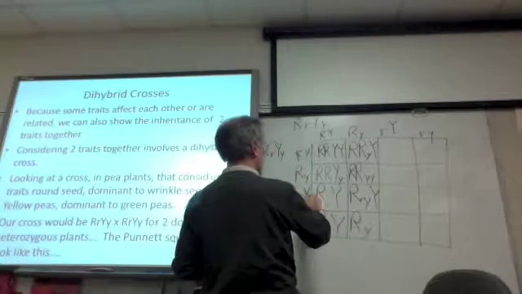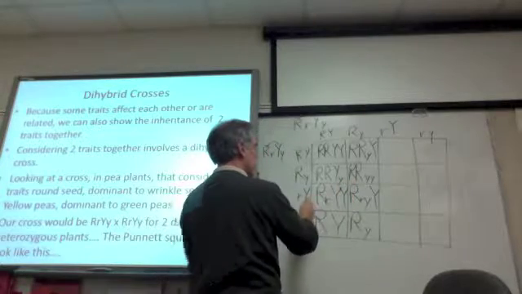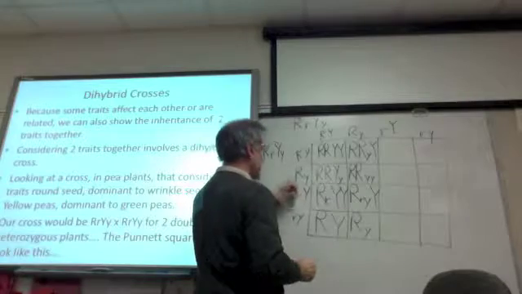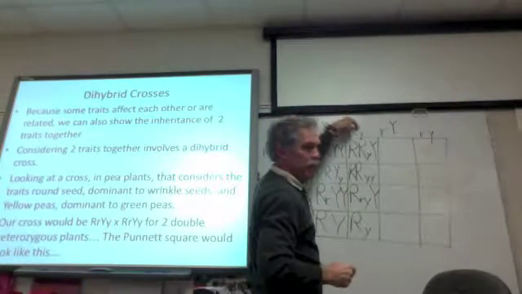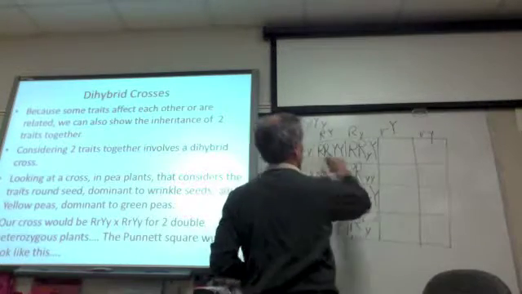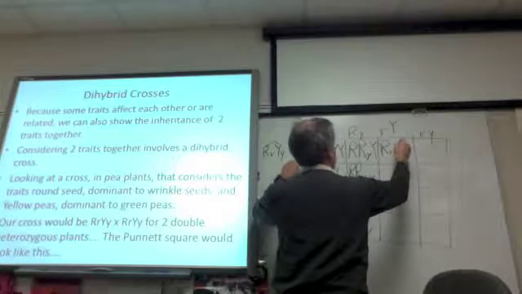So we've got big R, little r, big Y, and we're going to carry this again all the way across so that we've got this represented in that row, and we've got each header represented all the way down the column. So let's go ahead and I'm going to finish this up, and you could do the same on your paper.